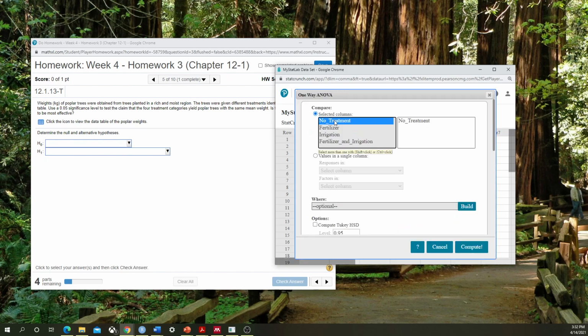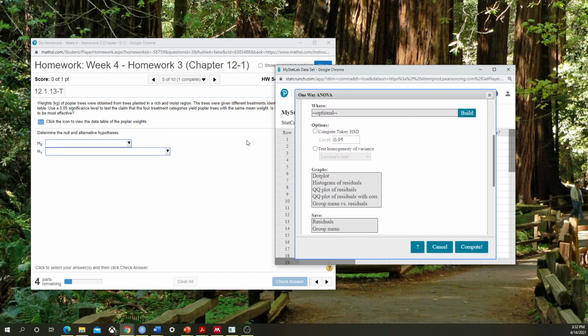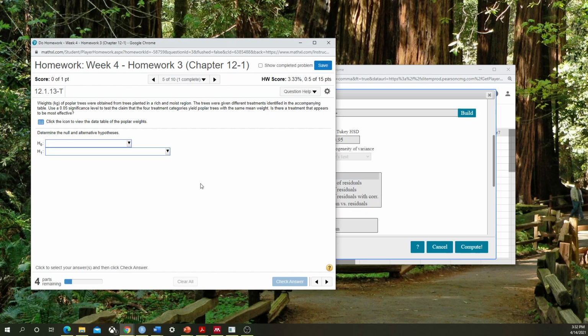Okay, I'm going to highlight all of them. I'm holding down Control. I'm going to click them all. There doesn't seem to be anything asking me if I need to do this. I'm going to select it anyway. And I'm also going to select this just because it's going to give me a little bit more information that I'm going to convey to you that might help you in the future.